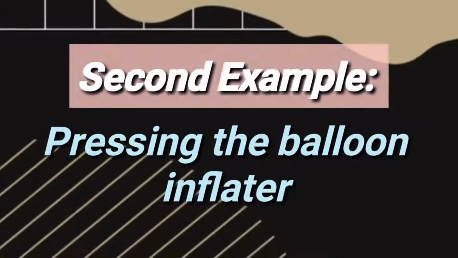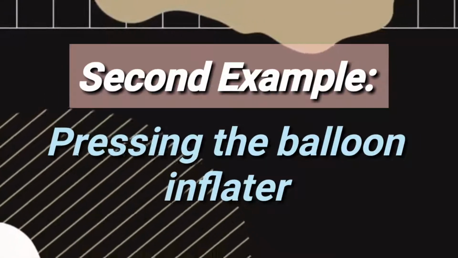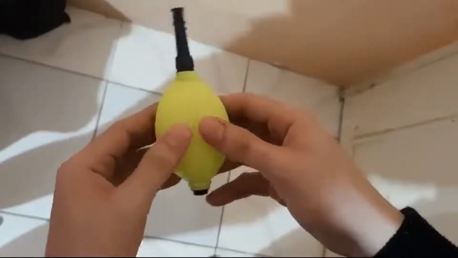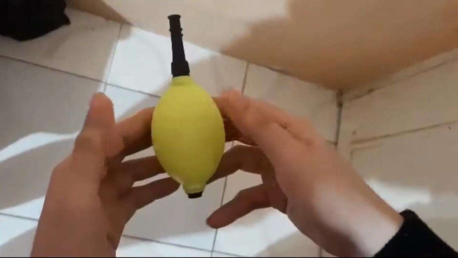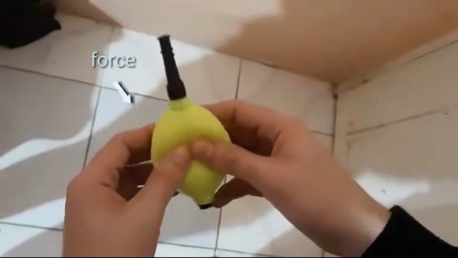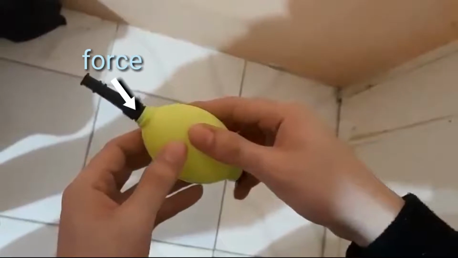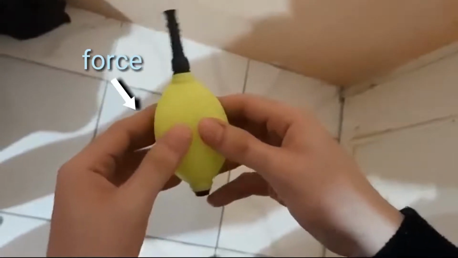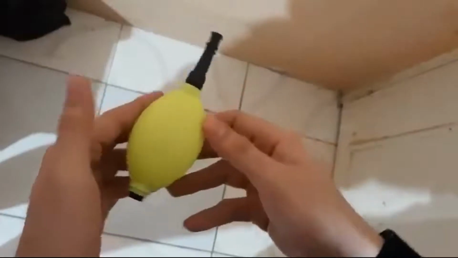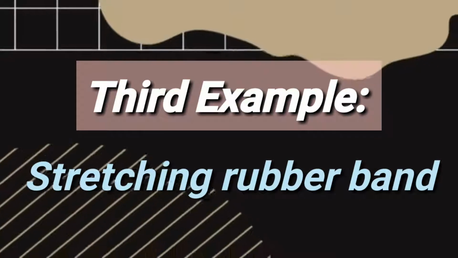The second example is pressing the balloon inflator. As the balloon inflator was pressed, it released air, which brings an action of giving an opposite, same amount of air.